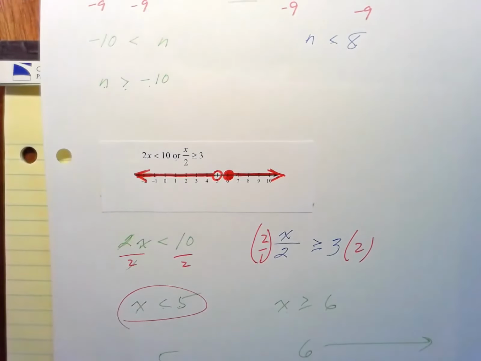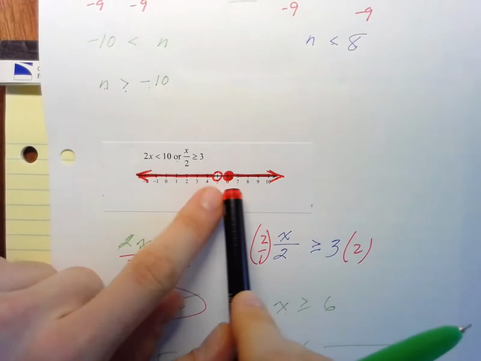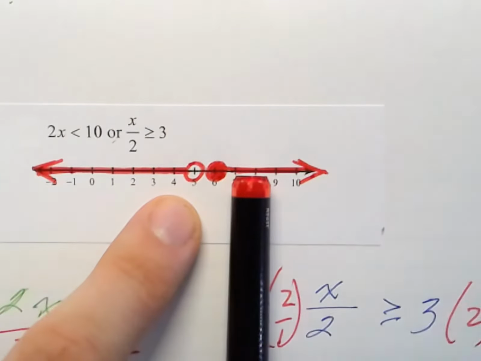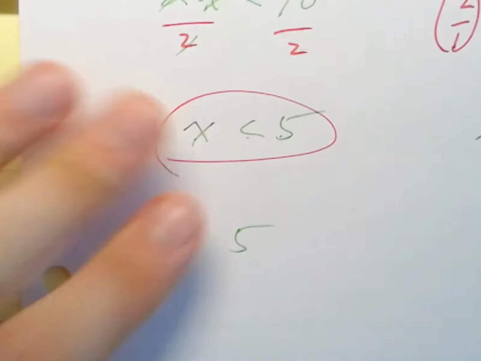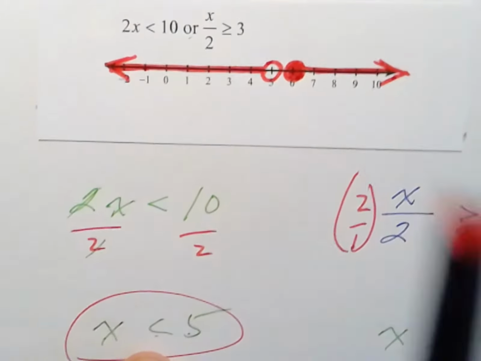And notice that I can have these mix and matched. I can have an open circle and a closed circle in the same inequality, and I have that one here. It's perfectly okay to mix and match them like this based on what you need. If you have one that doesn't have an equal sign, then it's an open circle. If you have one that does have an equal sign, then it's a closed circle.